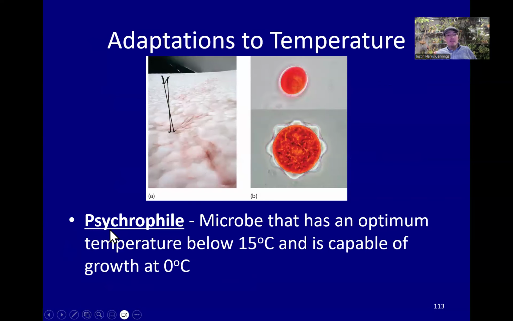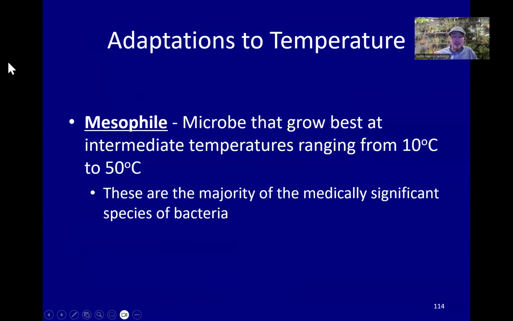So you have psychrophiles, which are bacteria that really like cold and can withstand very cold temperatures. You have mesophiles, and these mesophiles are going to be like room temperature. These are going to be the things that we interact with regularly.